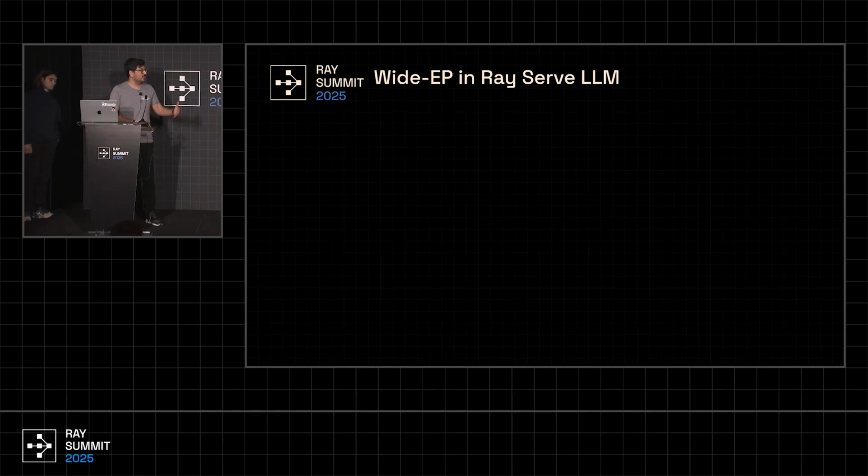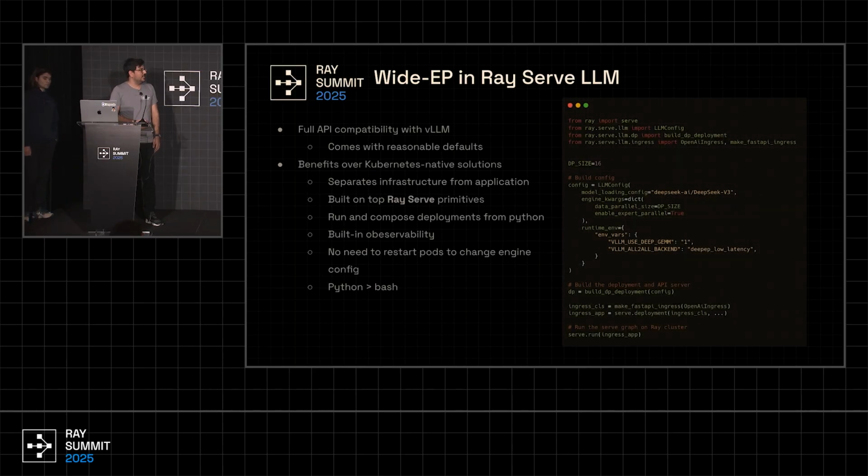Cool. So how do I do that in Ray Serve? Wide expert parallelism is essentially another word for doing this deep DP with expert parallelism. On the right-hand side of this slide, you can see a snippet of code that shows a compact representation of how it would feel to deploy something in vLLM that does DP.